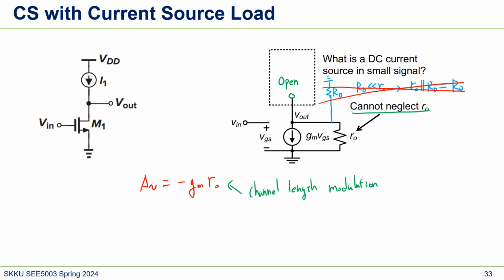And this is also called the intrinsic gain of, let's say, MOSFET M1. This is the theoretical maximum gain that this M1 MOSFET can have. If we put an ideal current source, then this would be the maximum gain that this MOSFET can achieve. So we also call this the intrinsic gain.